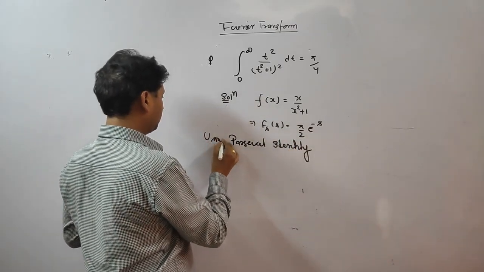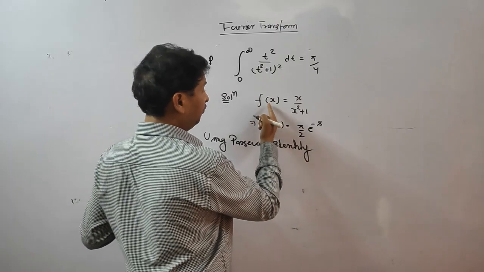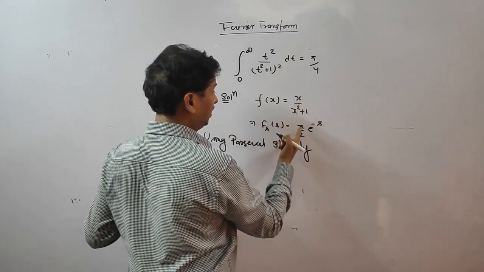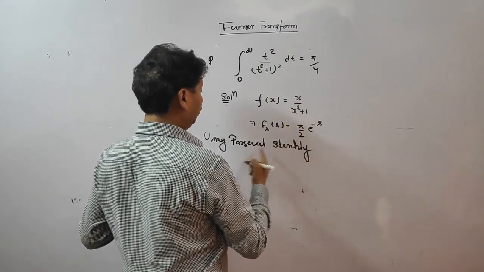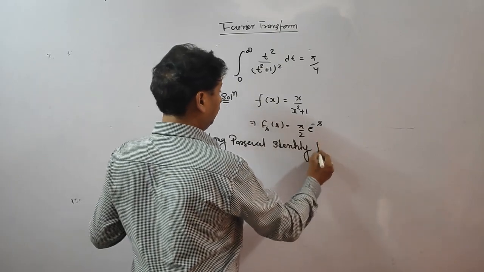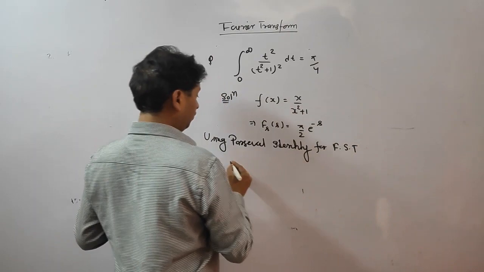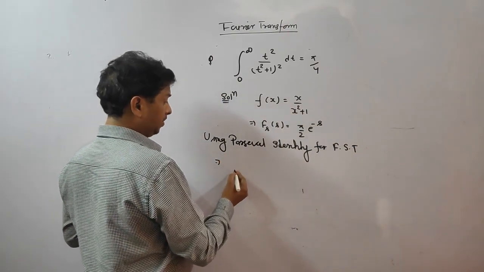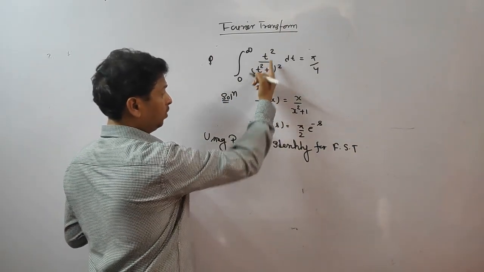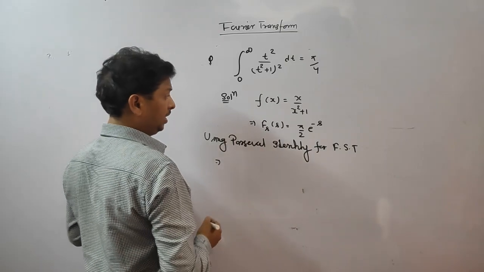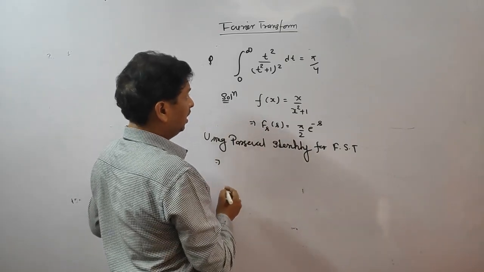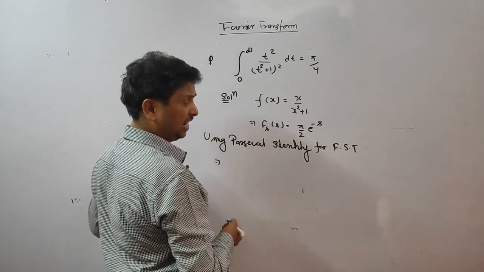Because we know the Fourier sine transform of this function is this, then we are going to use Parseval identity for Fourier sine transform. What is that? Second type, because here the square is required. So best is we use, it's your choice, you can use any type.